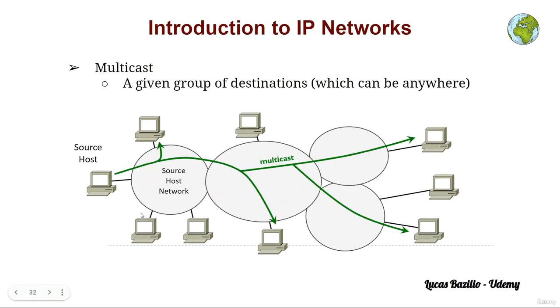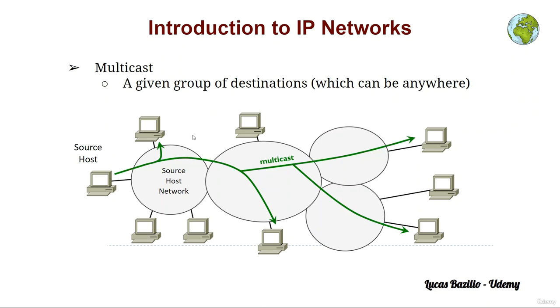Very well, so now finally we have the multicast datagram, where the destinations are a group of applications that can be anywhere. In a multicast datagram, we can travel through other networks. For instance, from this PC we want to go to this PC, to this other destination application, and finally to this destination as well.